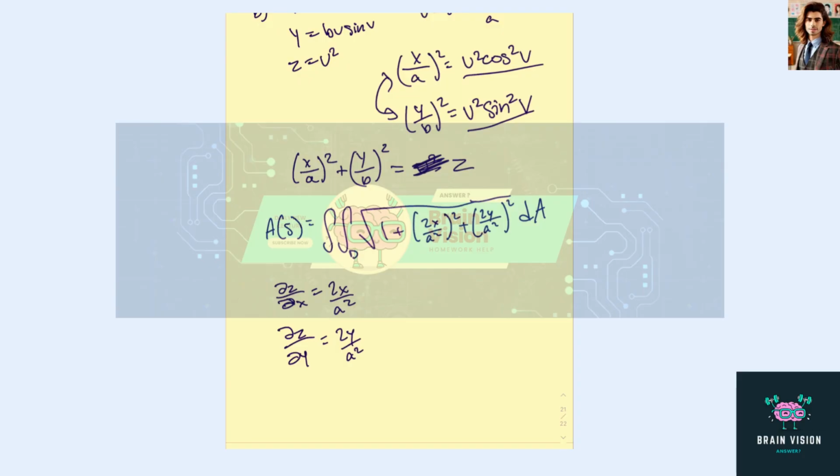Based on this, we can ultimately convert it into another form if we want to. We're able to convert it into polar coordinates. However, we can just leave it as this for now.